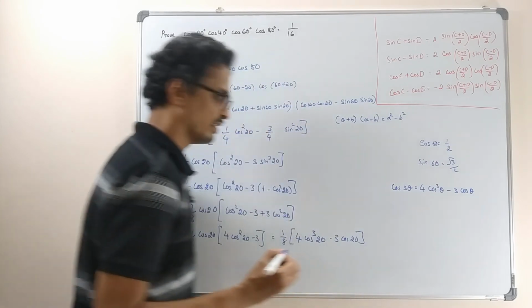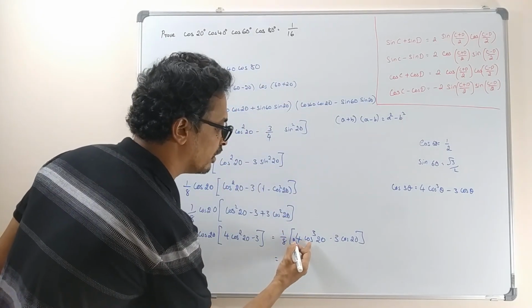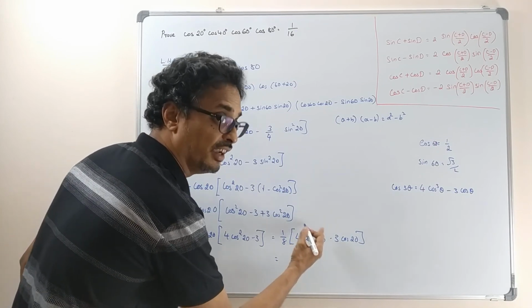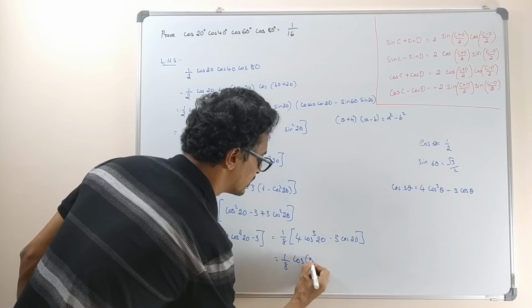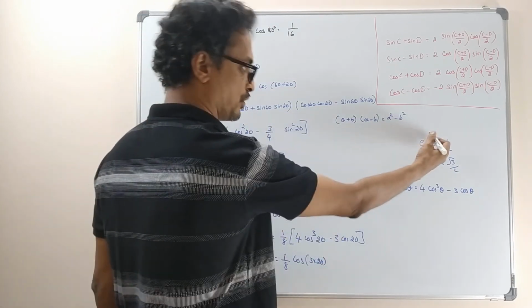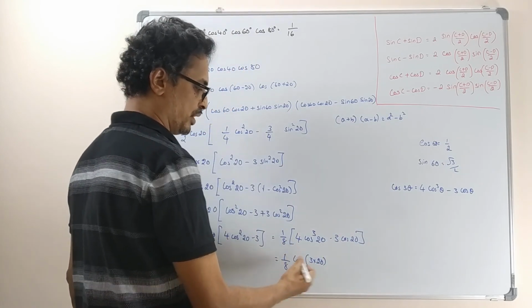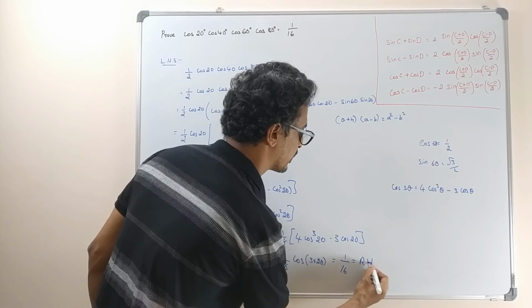This formula, right? So substituting that formula, this is going to be cos 3 theta, 3 into 20. So it will be cos 60, correct? Cos 3 into 20, that is cos 60. Cos 60 is equal to 1 by 2. So 1 by 2 into 1 by 8 makes it 1 by 16, and that is your RHS.